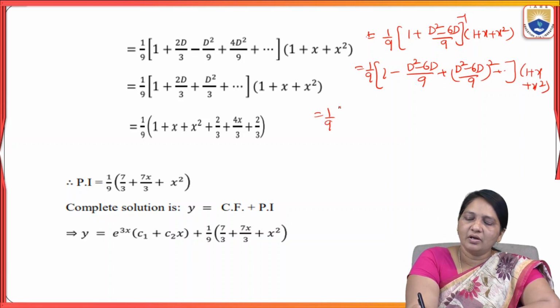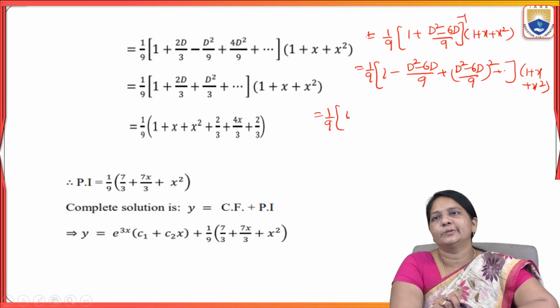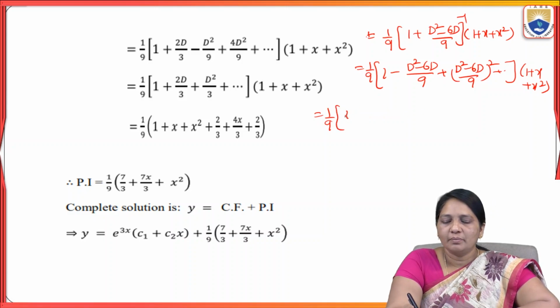So 1 by 9, first 1, minus. Here I am going to simplify this one: minus D square by 9 plus 6D by 9.